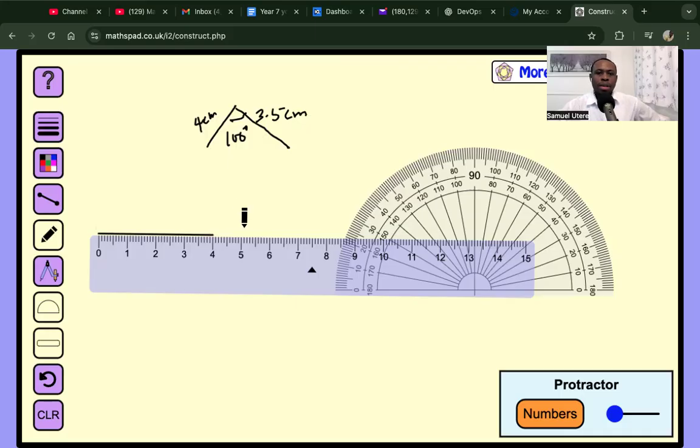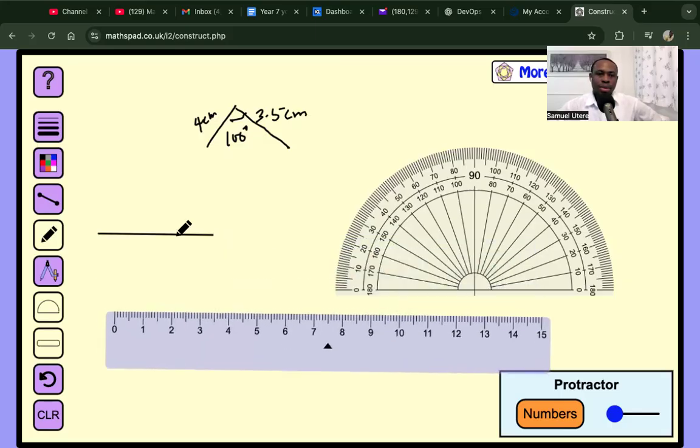Remember, the orientation is not really an issue. We want 100 degrees on the 4 centimeter line. If you were to flip this upside down, the angle would be at this end, so it can be on any end. It doesn't really matter.